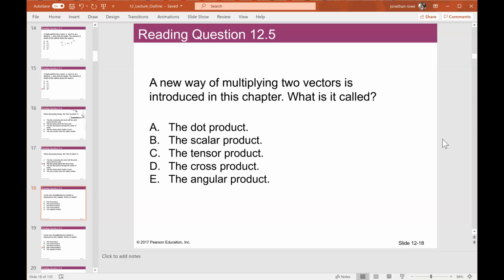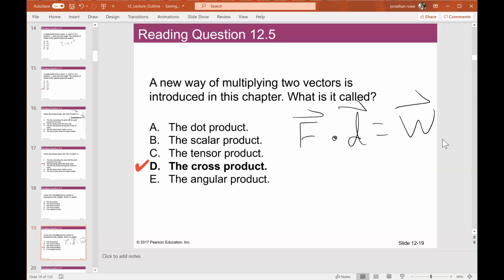All right, a new way of multiplying two vectors is introduced in this chapter. What is it called? It is called the cross product. The dot product was when it was like F vector dot D vector, and that's for work. That's when the force and the distance are parallel to each other, force acting along a distance.